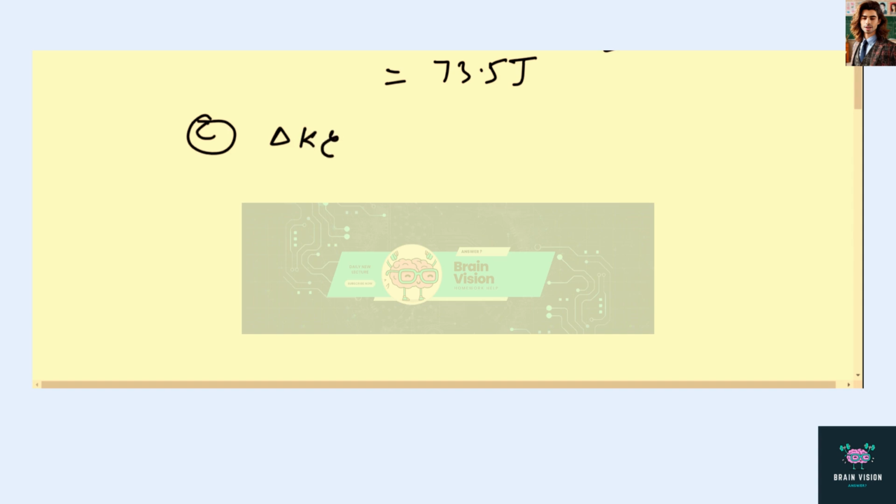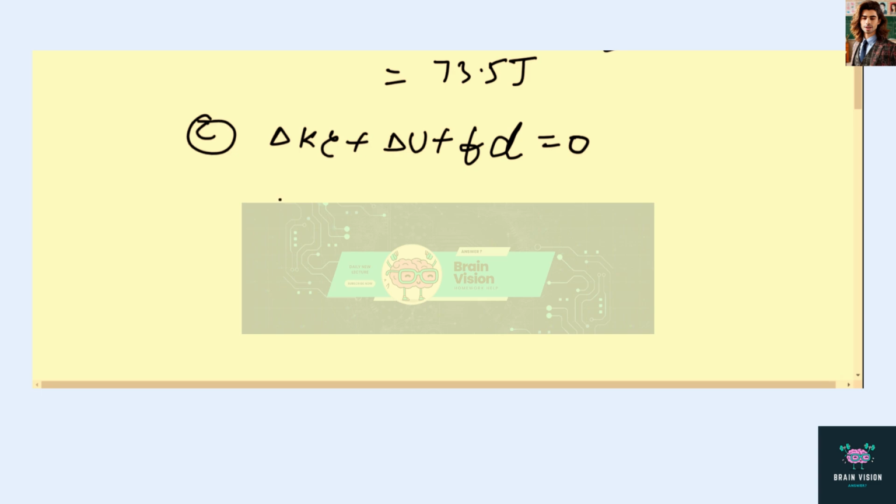So we apply delta KE plus delta potential energy, plus the work done by the non-conservative kinetic friction force. F is the friction force here, and d is the distance moved by the block on the inclined plane.